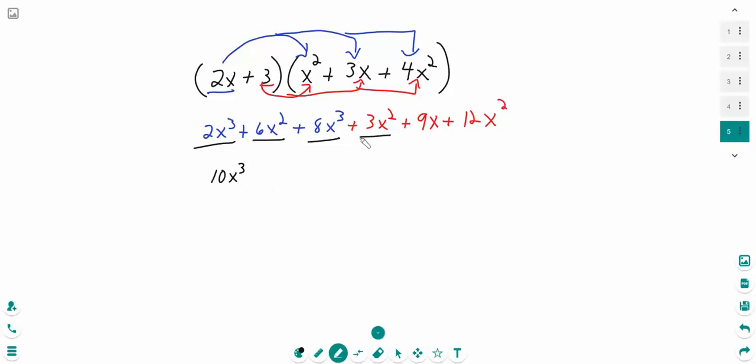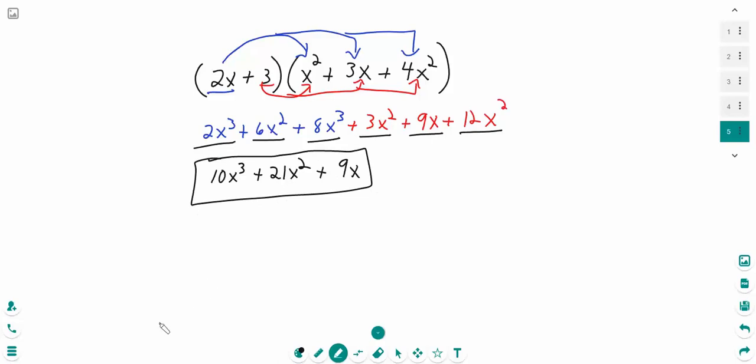Well, that's 9x squared. And then another 12x squared. Well, that's 21x squared. So we have plus 21x squared. And all that's left then is the 9x. So we throw him on at the end. And in this case, it's already written in descending order. We have x to the third, x to the second, x to the 1. So this would be our solution.